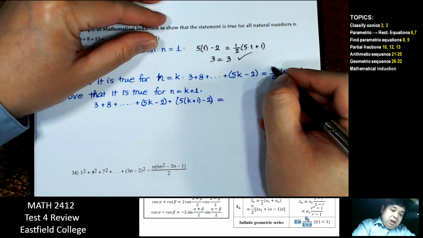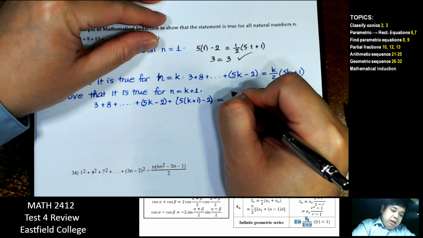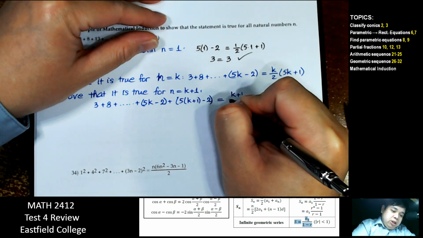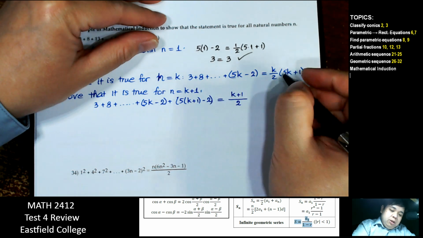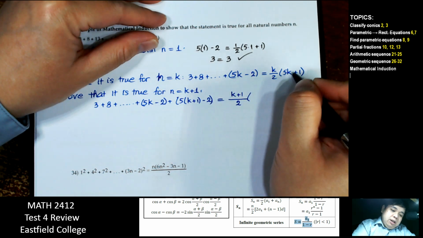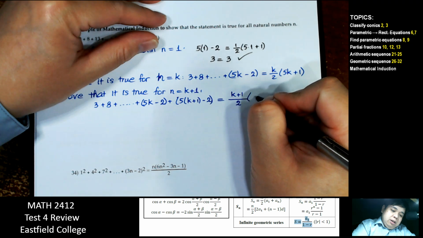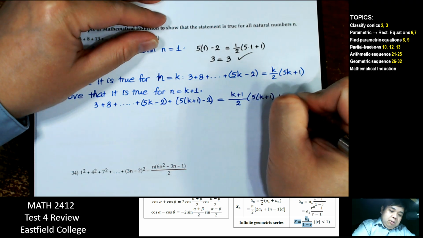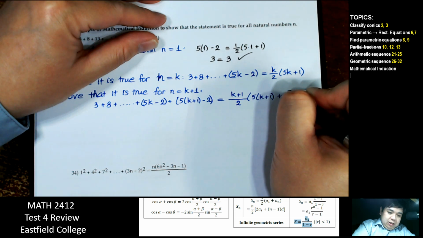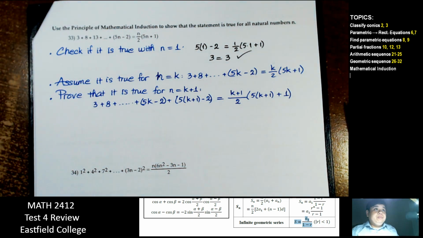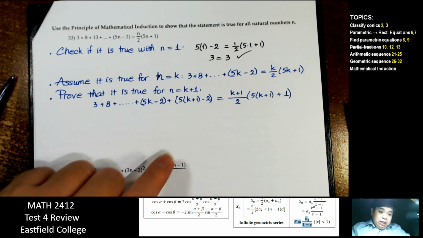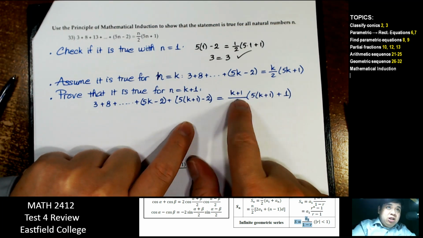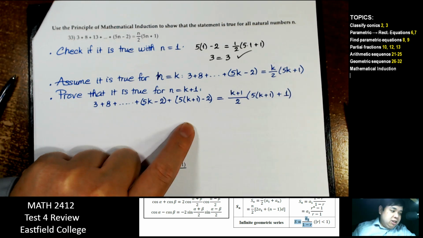The right side, instead of k over 2, we have k plus 1 over 2, and then this 5k plus 1 plus 1. Right. Now, what we're trying to do is somehow turn the left hand side into something like that.